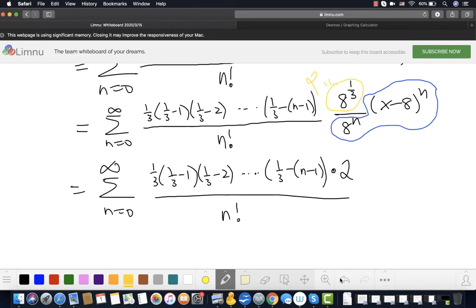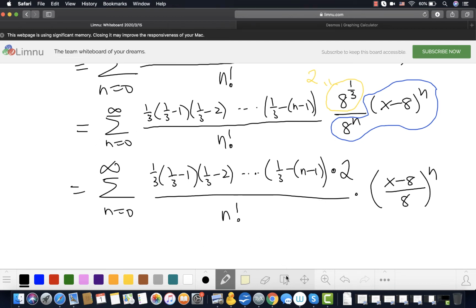Let's write it a little better. And then this blue thing I can just combine and obtain (x minus 8) divided by 8, to the power of n. So this is my Taylor series.